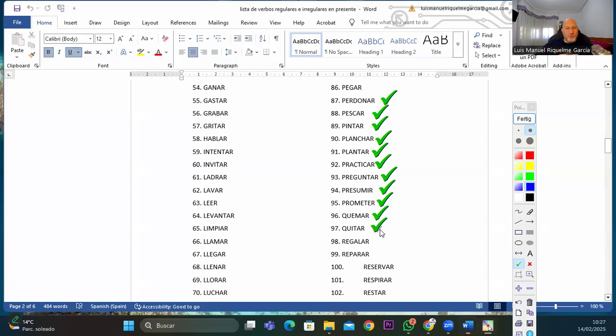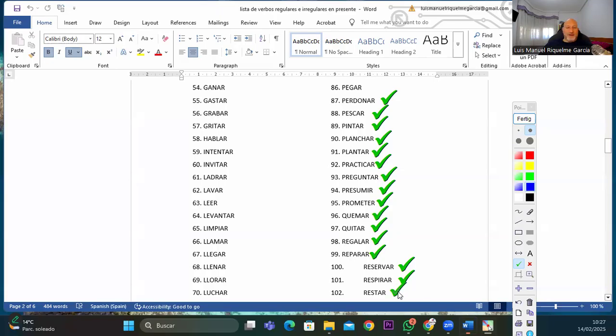Quitar, to remove, to take off clothes as well, to remove something. Regalar, to give someone a gift, to buy someone a gift. Reparar, to repair, to fix. Reservar, to book, to reserve. Respirar, to breathe.